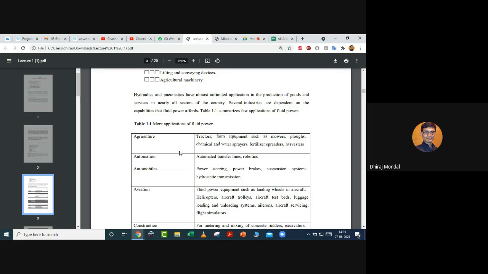These are very important things. That is why nowadays there are lots of applications in this field, and the market penetration is more.